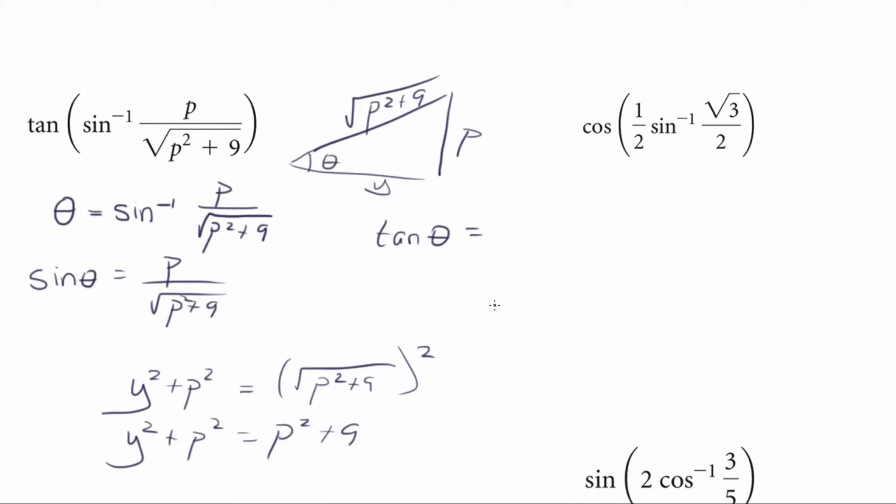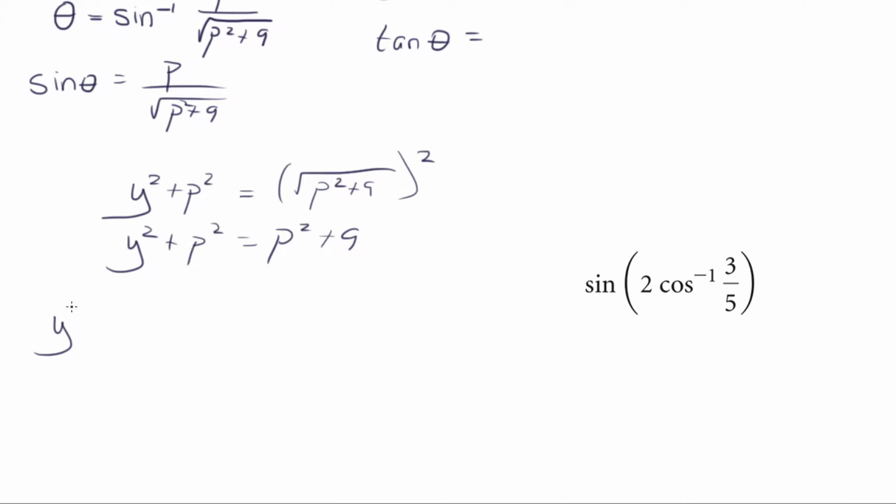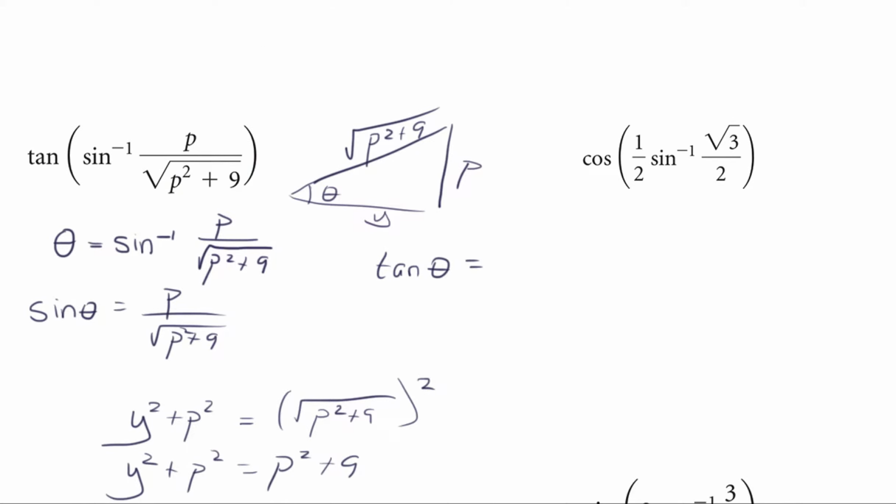I'm isolating for y because that's the adjacent, that's the one we need. So y squared equals p squared plus 9 minus p squared. y squared equals 9, therefore y equals 3. So that will be the adjacent. Therefore, tangent is opposite over adjacent, which is p over 3. Okay, and that'll be the answer for that one.